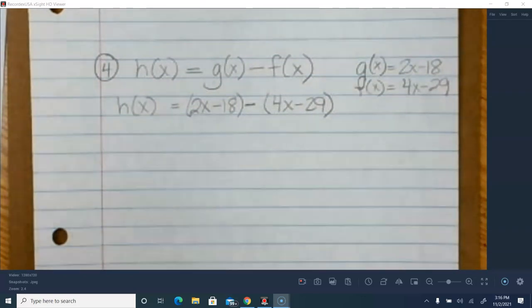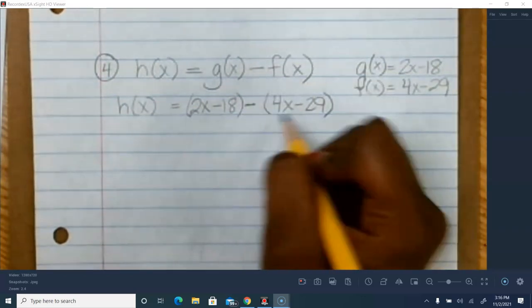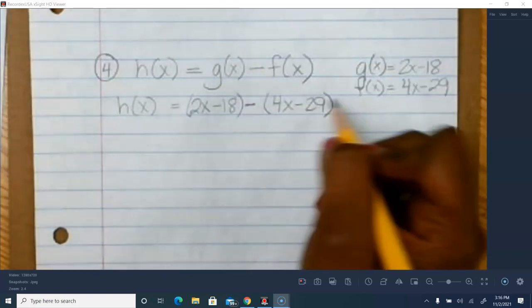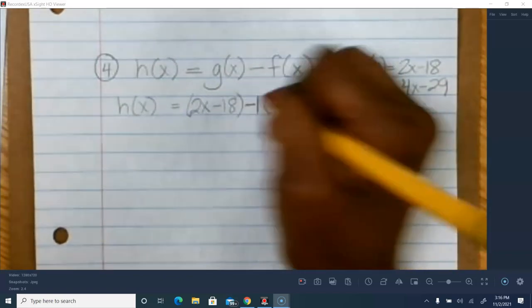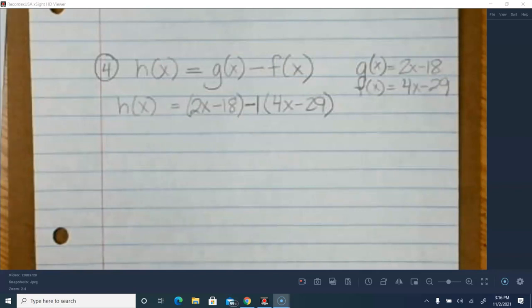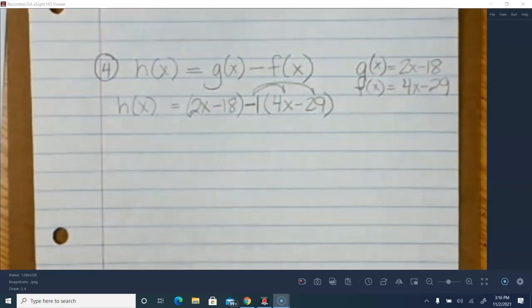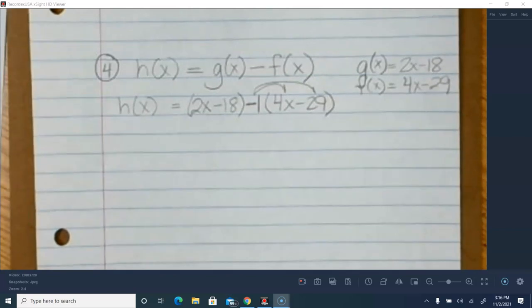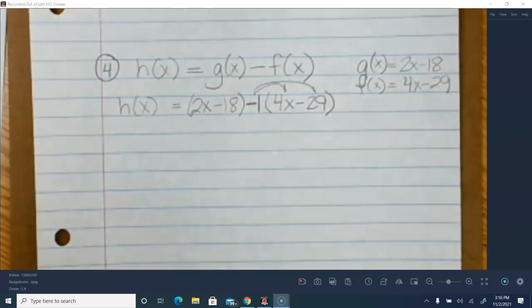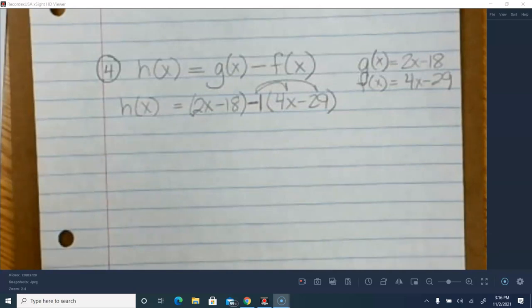Now, like we spoke about before, there's an imaginary coefficient of -1 in front of this parenthesis, and so I'm going to put that in there. What that's telling me is that I need to distribute the -1 to both terms in the second parenthesis, or I can change the sign. It's going to do the same thing because multiplying by -1 changes the sign of the number.